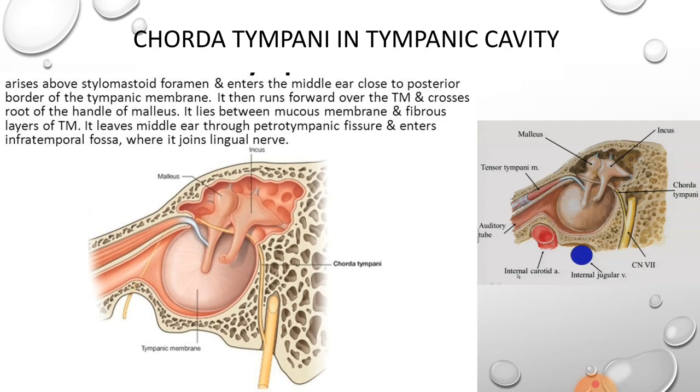So the two important components of the chorda tympani nerve are the parasympathetic secretomotor fibers and the special afferent taste fibers from the anterior two-thirds of the tongue.